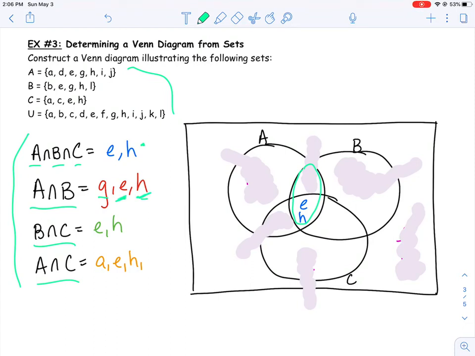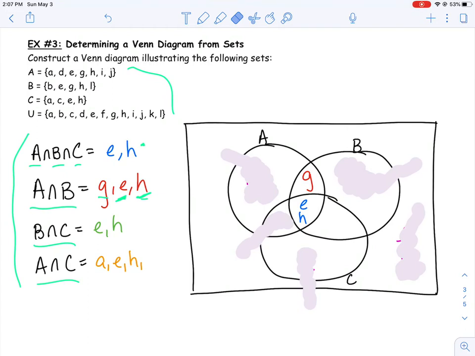So the only element that I need to put in there is G. But I need to make sure that G isn't in all three of the overlaps. It is just in the intersection of A and B. So where do you think I'll put G? Yeah, right there. And so G, E, and H are still all in the intersection of A and B, but then I have to make sure that all three of them intersect with the E and the H elements.